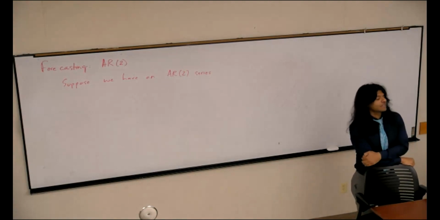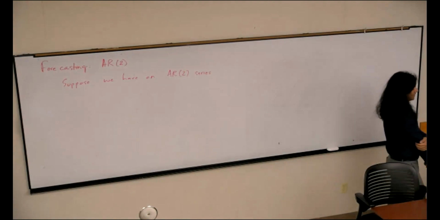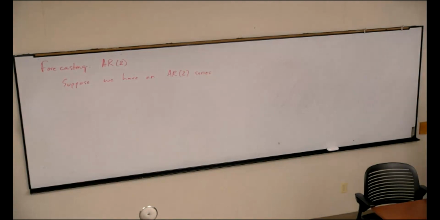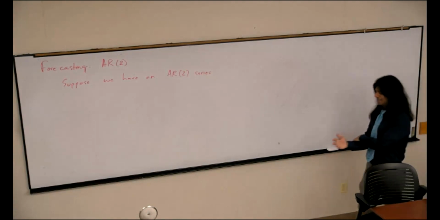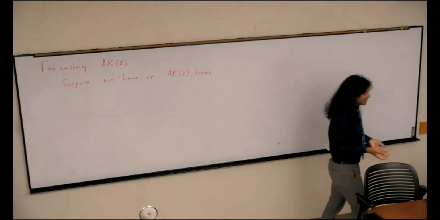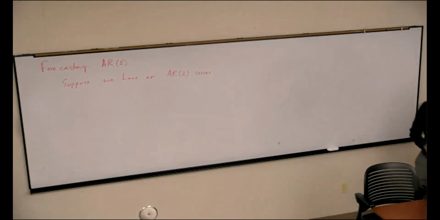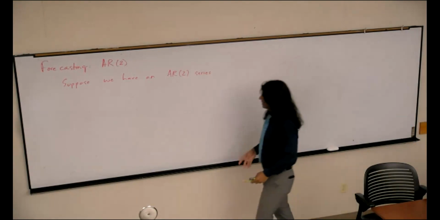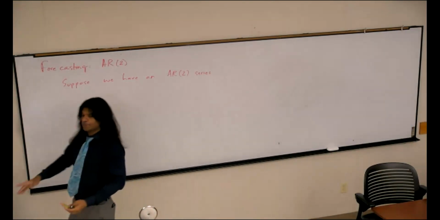Well, there is a question: how do we identify an AR model? PACF. You look at the PACF plot, and it tells you if you have two leading peaks, then it's AR2. And let's say you identified it, you even fit the model.